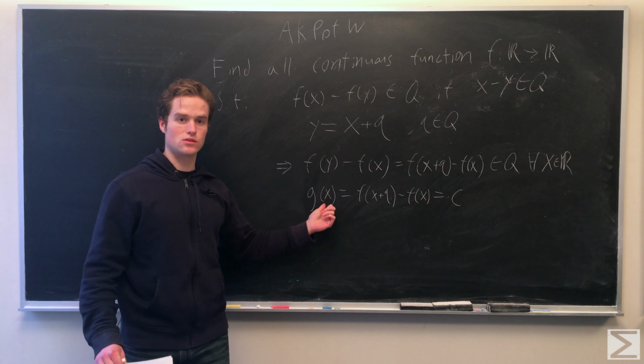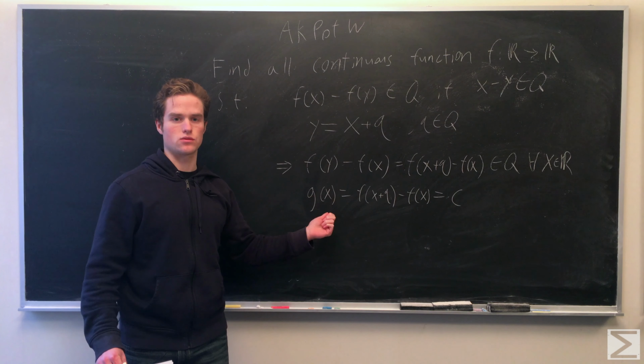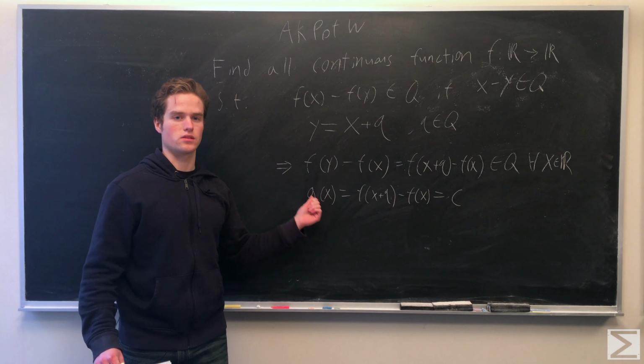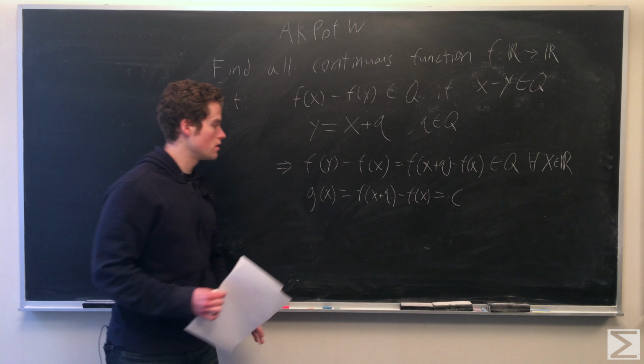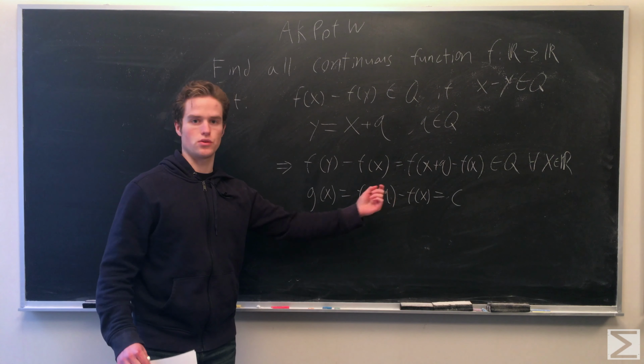But since the irrationals are dense in the real number line, that implies some g of x3 will be an irrational number. And so therefore all of g of x must just be one constant number, and this will also be a rational number.